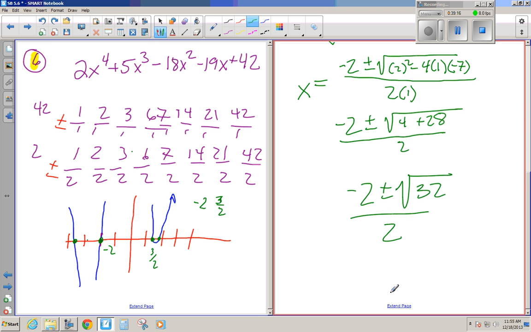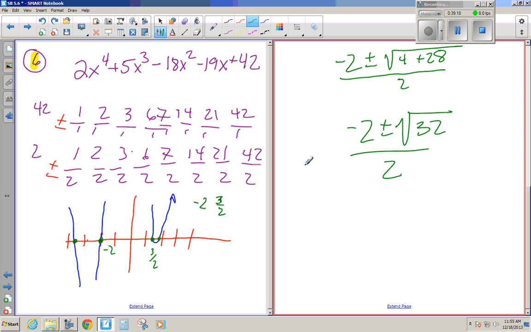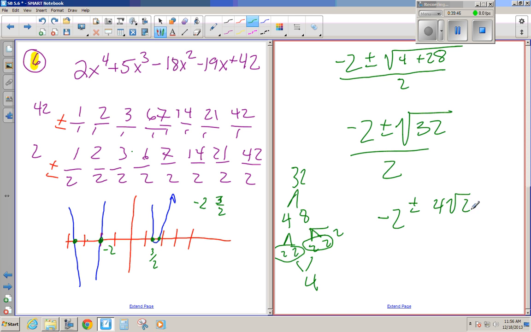Now, of course, if you were to check, 32 is 4 times 8, and 4 is 2 times 2, 8 is 2 times 2 times 2. Looking for pairs, here's a pair, here's a pair. So all together, we have -2 plus or minus 4 square root 2 over 2, which again is a correct answer.